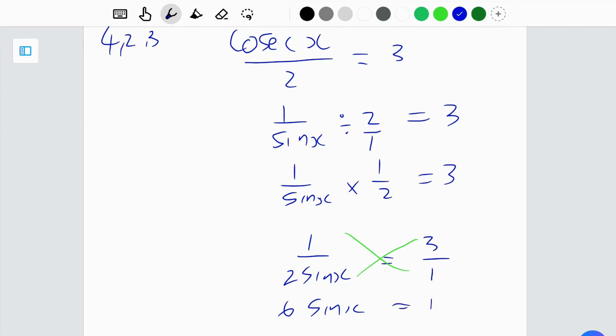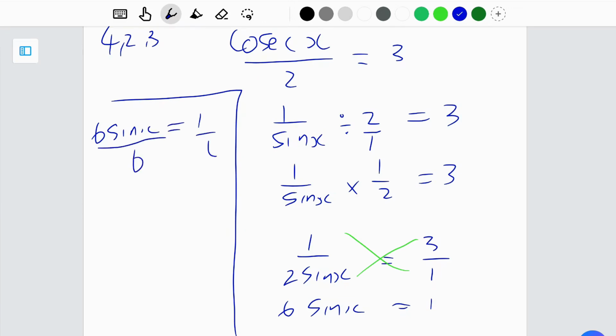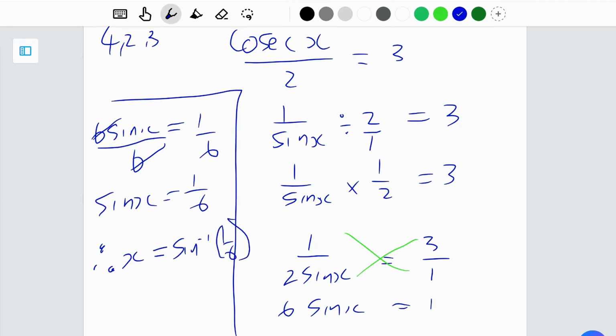Okay, you guys follow? And I don't have any more space. Let me put it here. So we're saying that 6 sine x equals 1. So I'm going to divide by 6 on both sides. Okay, so sine x equals 1 over 6. So we're going to use the shift. So we're going to say x equals sine minus 1 of 1 over 6.